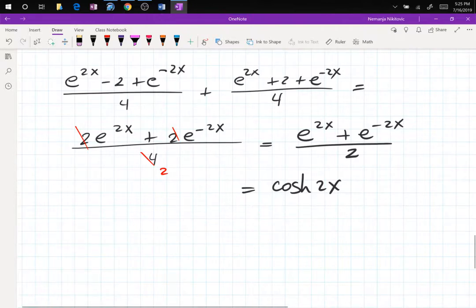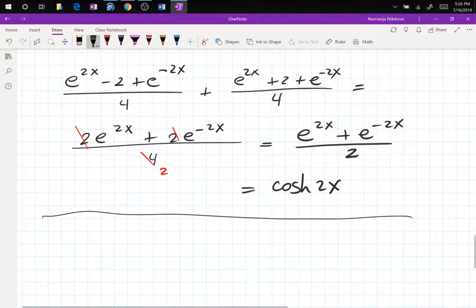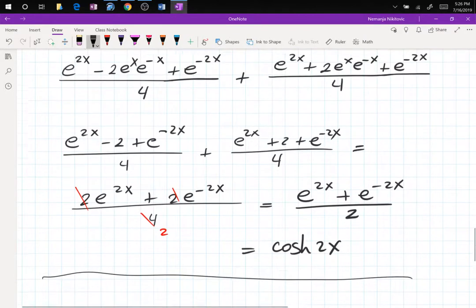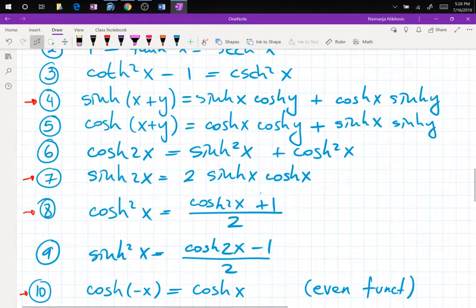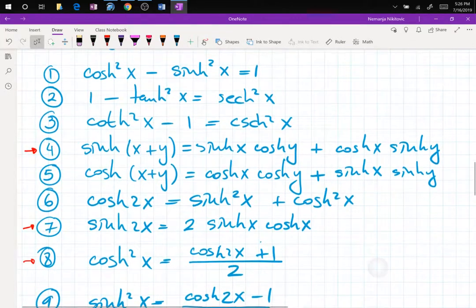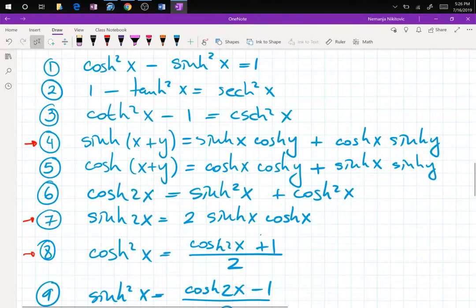Now you get to pick one from the list of identities, and I'll work out another one. And then we're going to take a look at some of the identities that need to be proven from the book. So is there anything that you like or don't like? I already did 6.